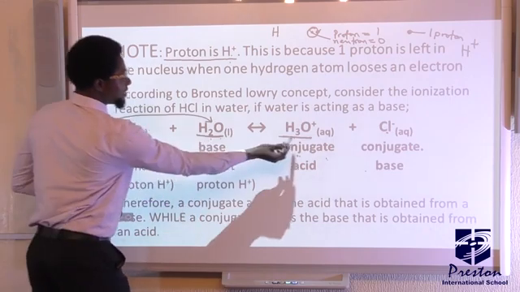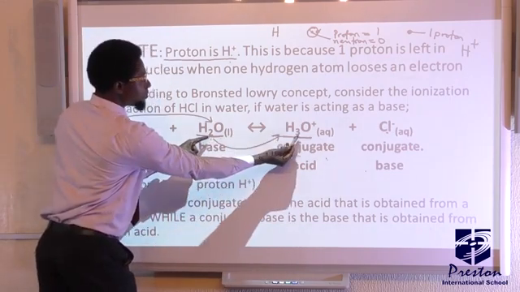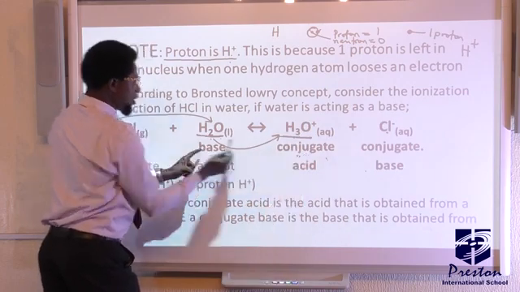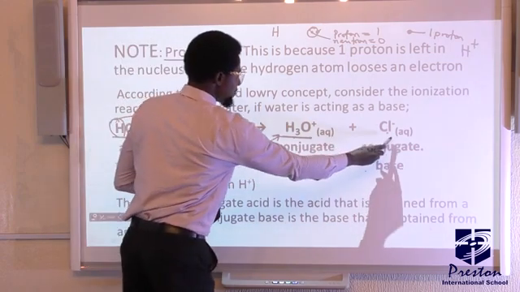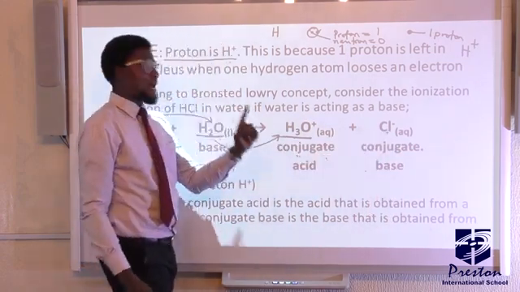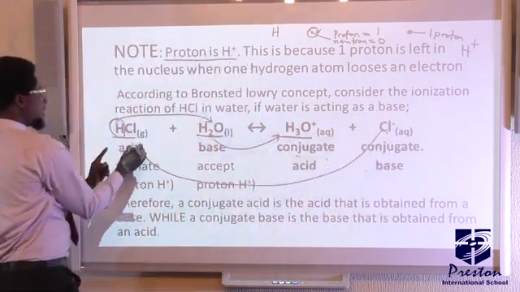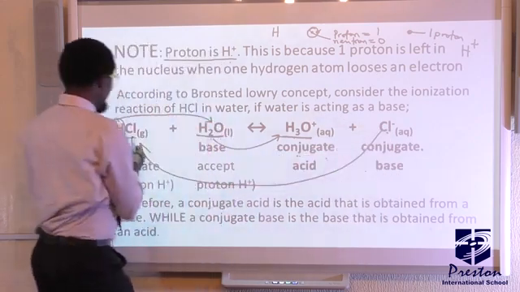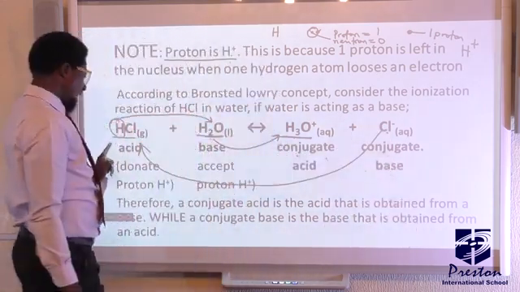When you look at this, the acid is obtained from H2O. That is, H2O becomes H3O+. So the conjugate acid of this base is H3O+. Then let's look at the conjugate base. Conjugate base is any base that is obtained from an acid. This Cl- is obtained from HCl. So this is the conjugate base of HCl.